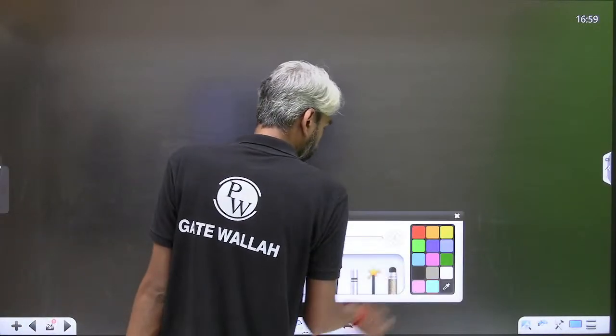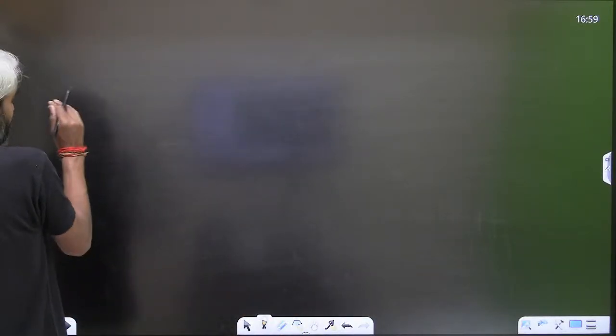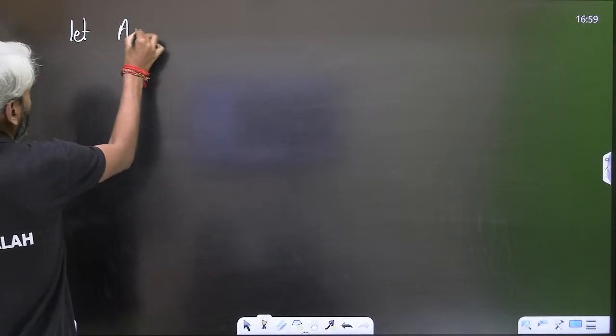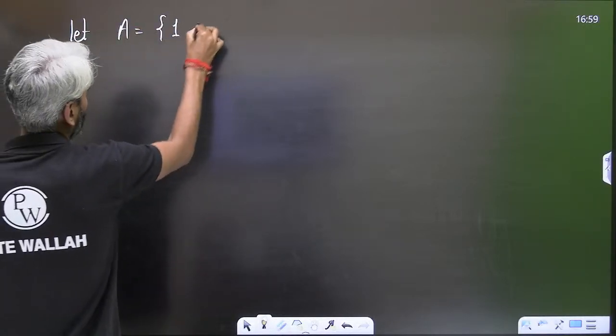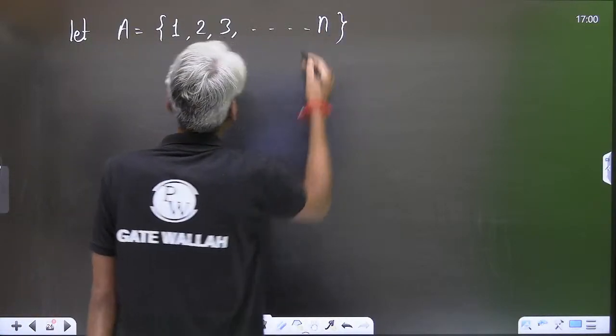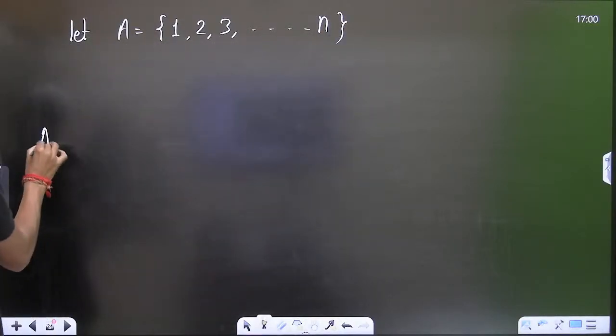Let me just give you an example, you just need to understand this thing in the form of a matrix. So let A equal 1, 2, 3 up to n. Now my question is, sir, what will be A cross A?